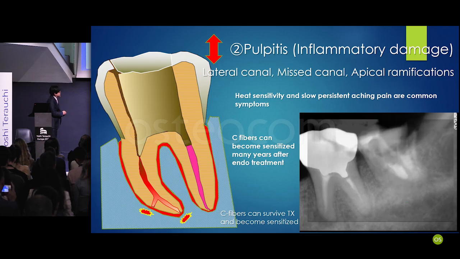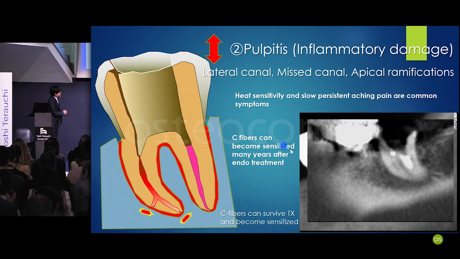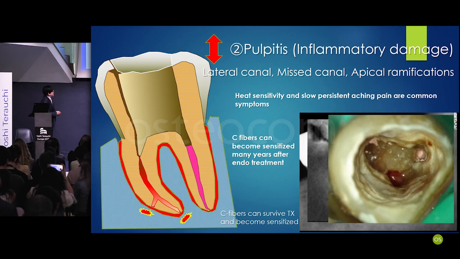So I took a CBCT, and I found an untreated root canal. I was very suspicious about this untreated root canal. And when I accessed the mesiobuccal root, I found the pulp still vital. Look at this. This was responsible for the pain when the patient had something hot.